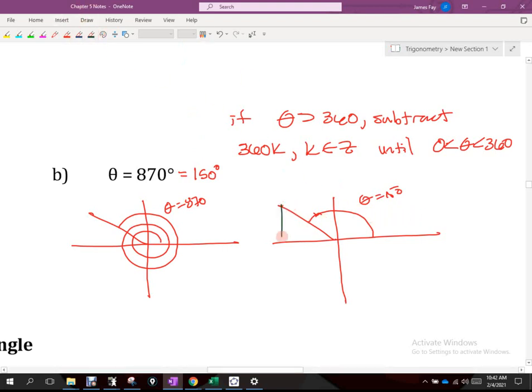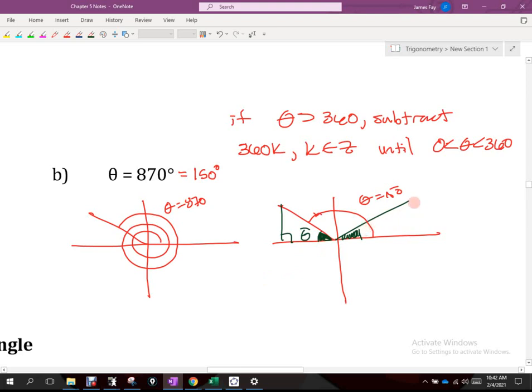Now we don't like the 150 because it's bigger than 90. So we look at our reference angle, which is going to be this theta bar right here. How big would that angle be? 30 degrees, right? Now, let's say we had a third person, I asked them to rotate 30 degrees. If we put these 2 people back to back, they'd be looking in opposite directions of one another.